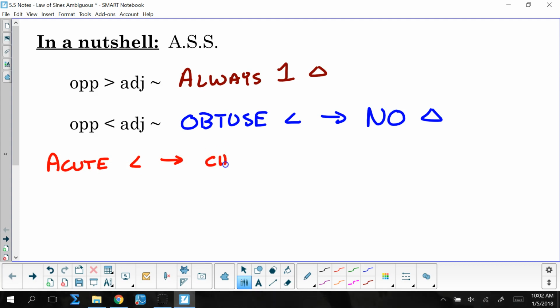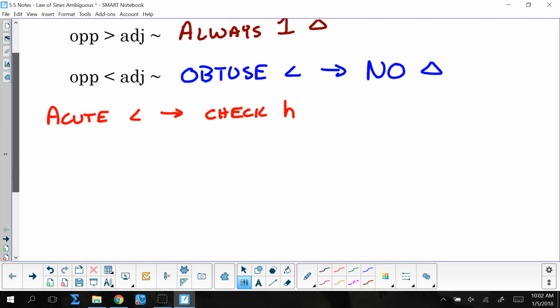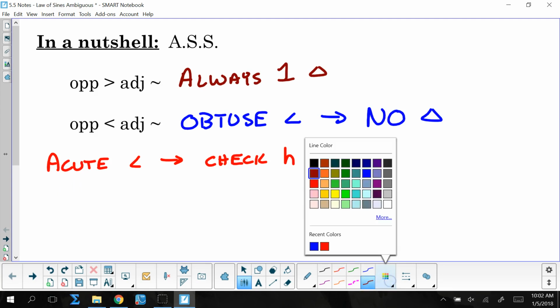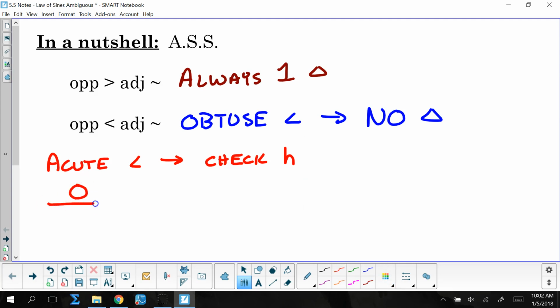then I have to check the height of the triangle. I could get 0 triangles if the height is bigger than my opposite side.